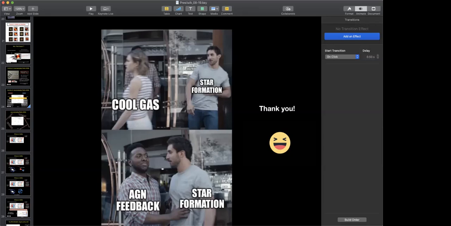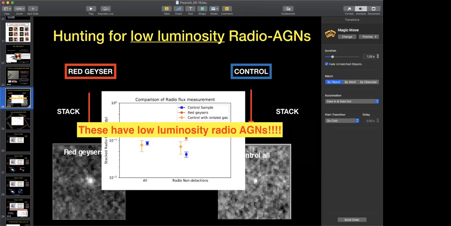These are all actually continuum emission. What we did was we took the luminosities and stacked them from different samples, the red geysers versus control. And we bootstrapped so that we take all sorts of control samples and do not bias it to a single control sample.